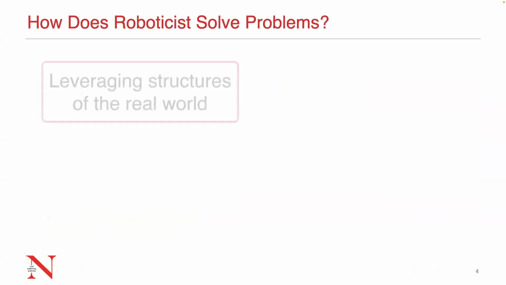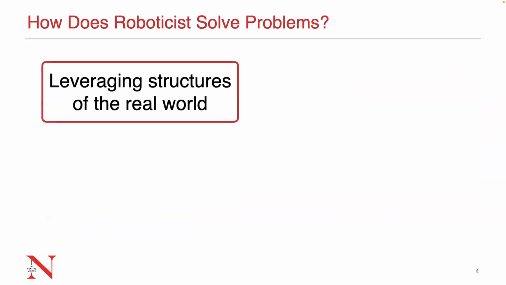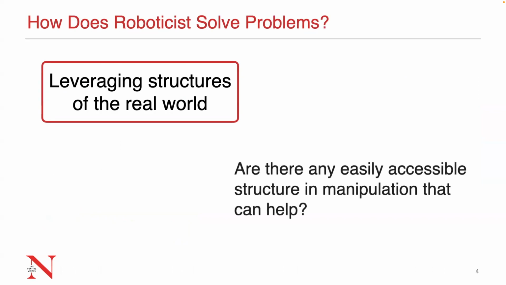So how does robotics normally solve problems? I think one of the main strategies is that we try to leverage structures of the real world. We want to find the physical and geometric properties of the task we are solving, and then find the proper architectures for solving those problems. I think this greatly aligns with what we have been learning in this course, right?